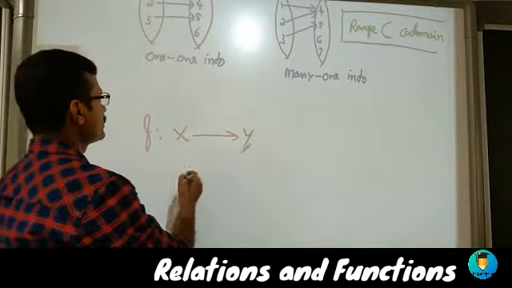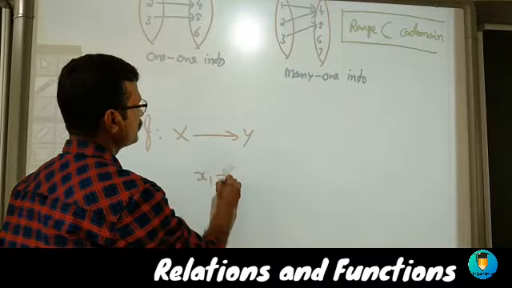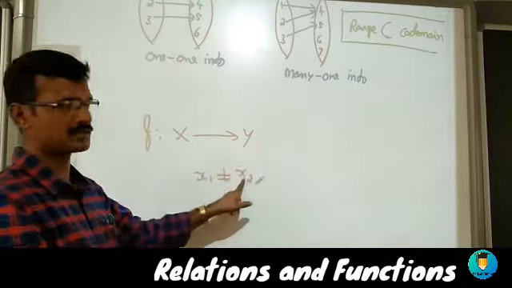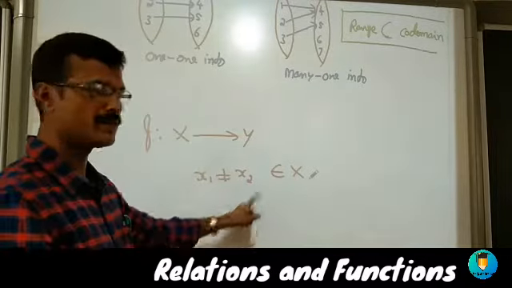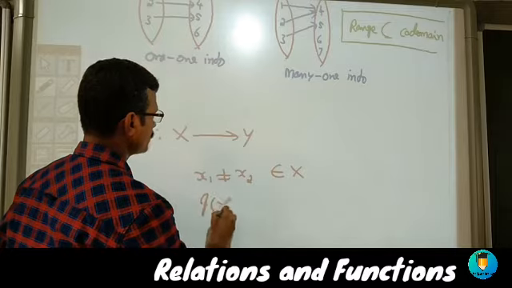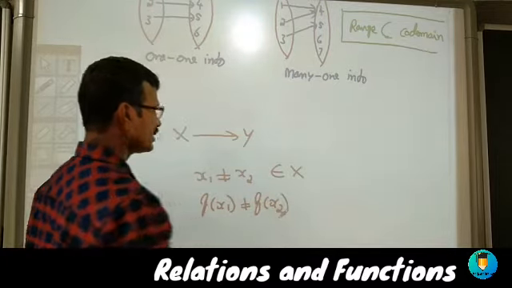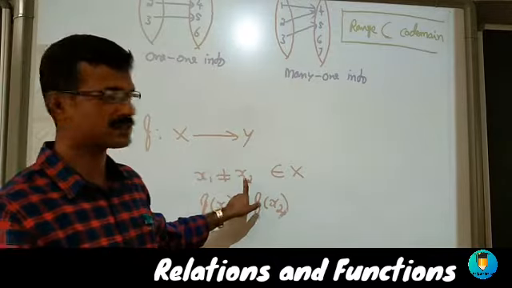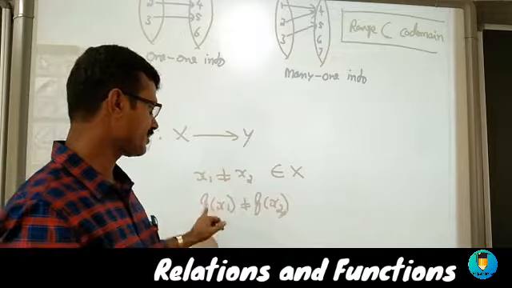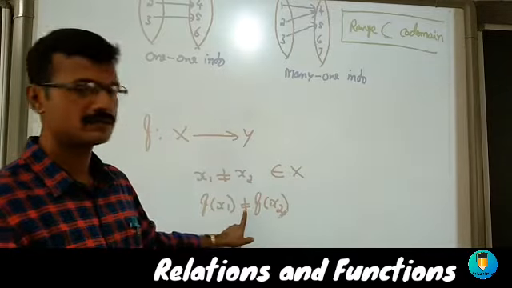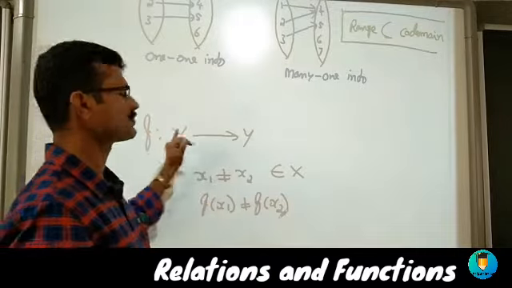Or, if I take two different elements x1 not equal to x2 from x, then their images f(x1) is not equal to f(x2). Its meaning is, if I take two different elements from x, their corresponding images are different. This is one way we can prove a function is one-one or not.